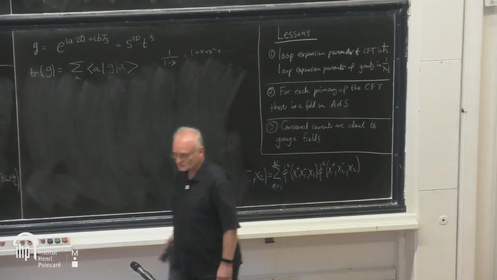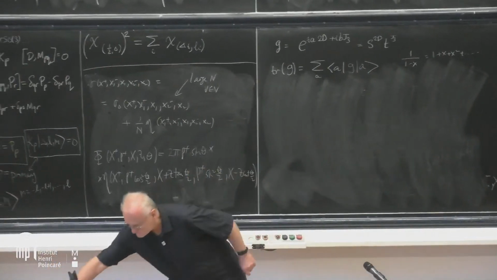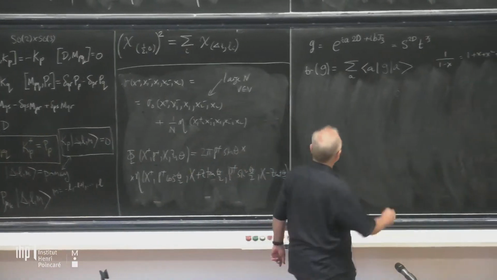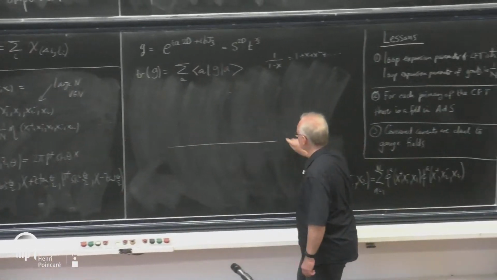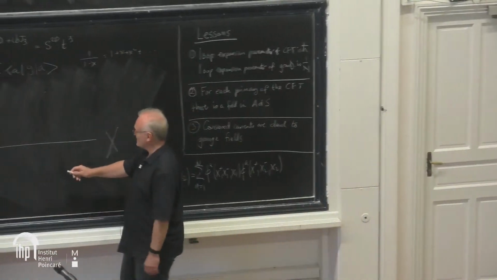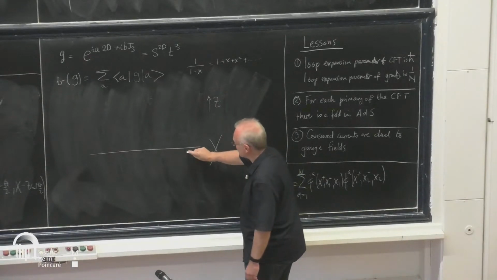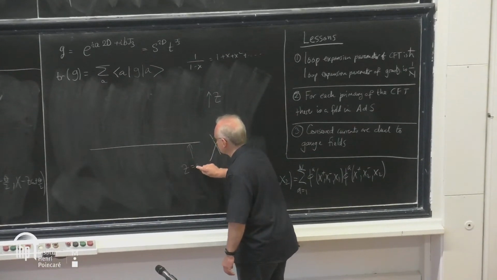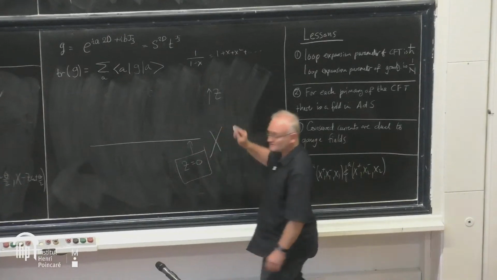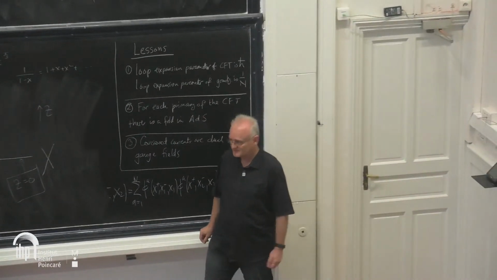So I'm going to draw a picture now. This is the x direction, and this here is the z direction. This line here is z is equal to 0. z is equal to 0 is the boundary of the AdS spacetime.